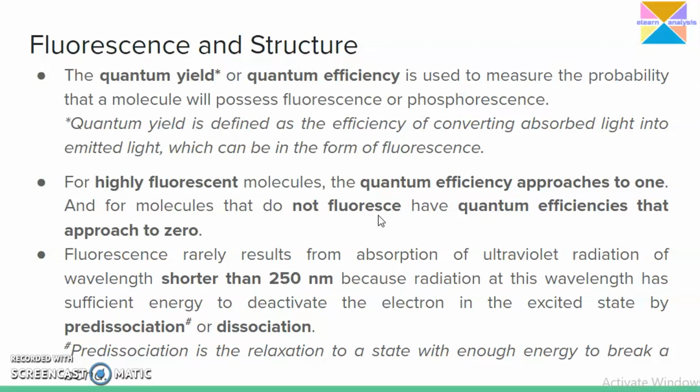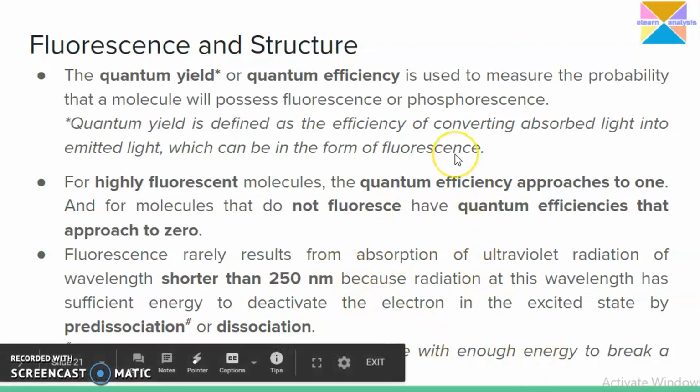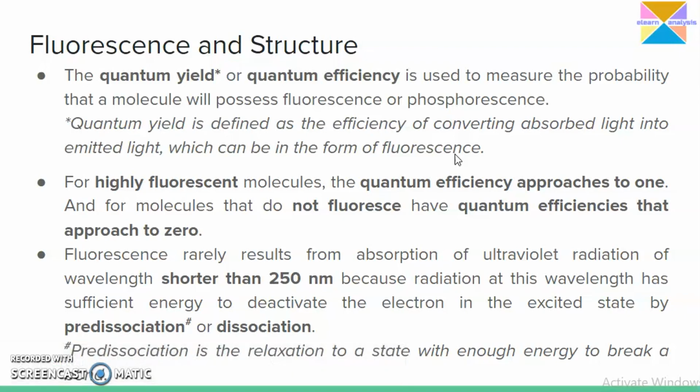So fluorescence is rarely visible at wavelengths below 250 nanometer, because this wavelength has so much energy that it will deactivate the electron in the excited state by a phenomenon called pre-dissociation.